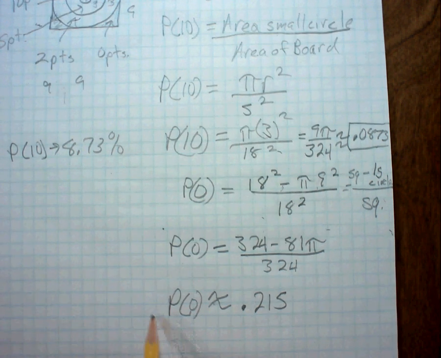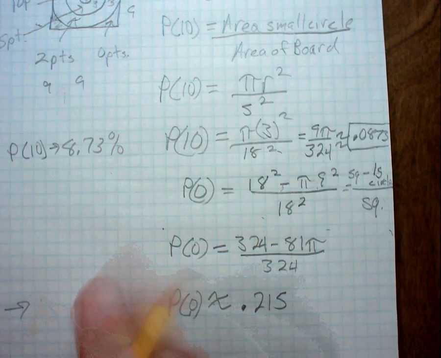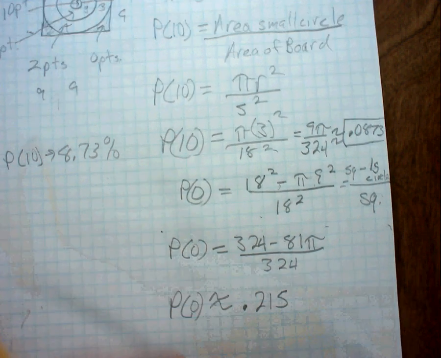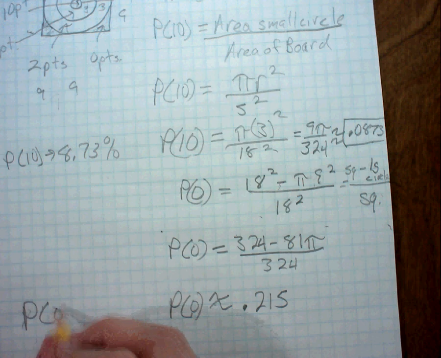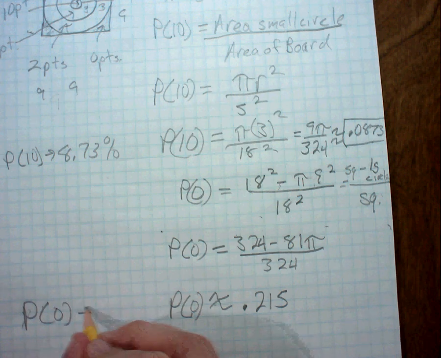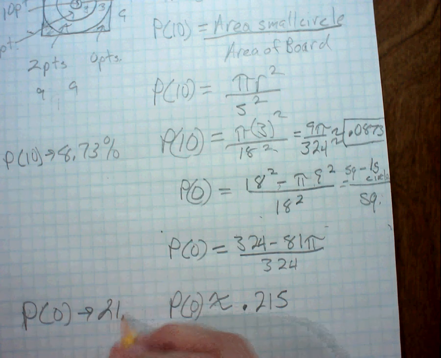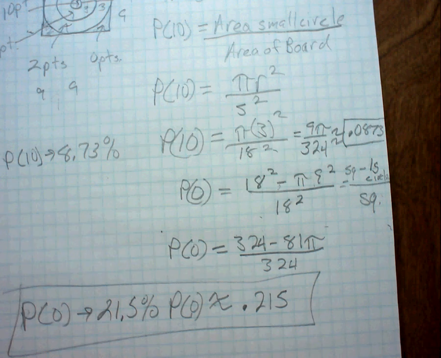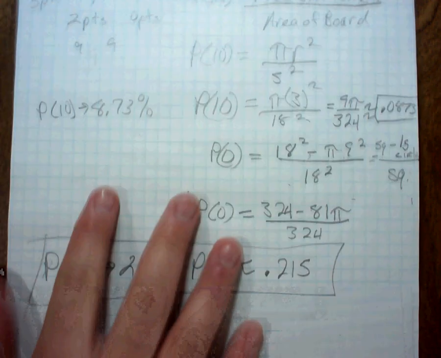However, the probability of me getting a 0 is about 21.5%. So you're more likely to get a 0 than you are to get a 10. Isn't that interesting?